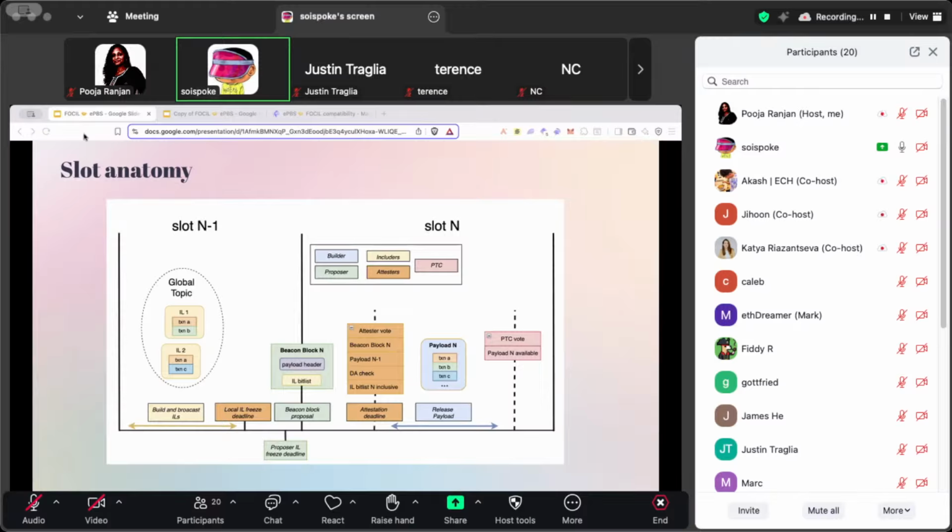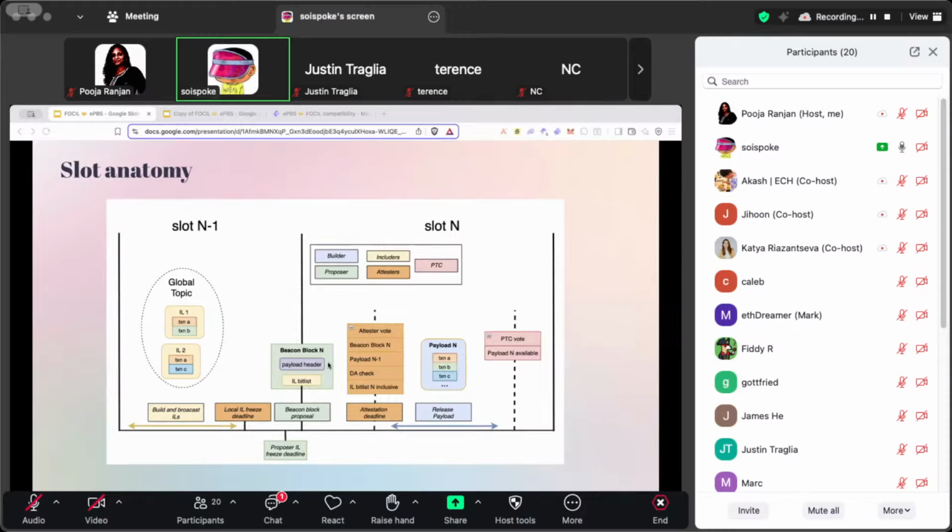Then the proposer will select and broadcast a beacon block that he has selected from a builder. The selection depends on a bunch of things. First, of course, the builder's bid, the actual value specified in the payload header.